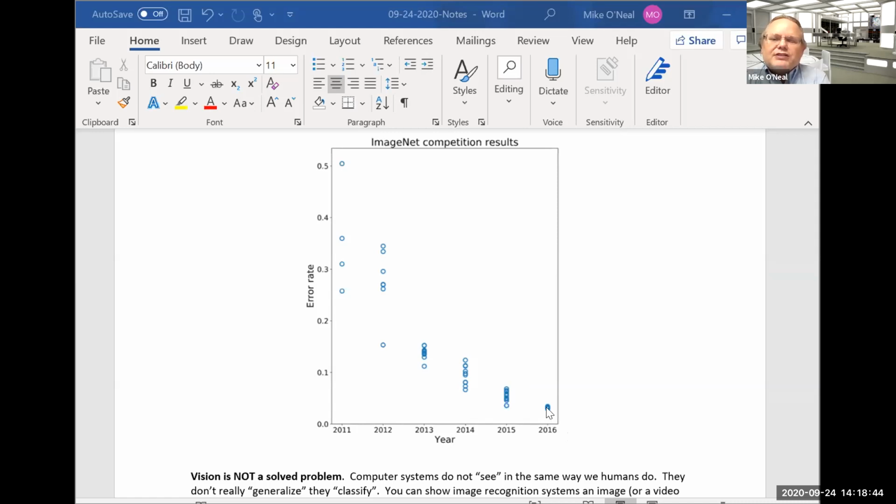Now that means they're misclassifying 1 in 20 images. You might say, well, 1 in 20, that's still pretty crappy, isn't it, Mike? And I would say no, because that's actually much better than humans can do. And if you doubt me, can you recognize 90 different breeds of dogs?